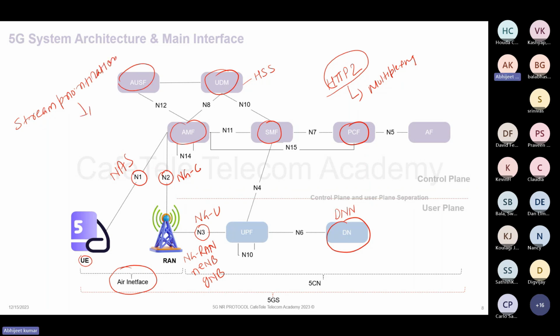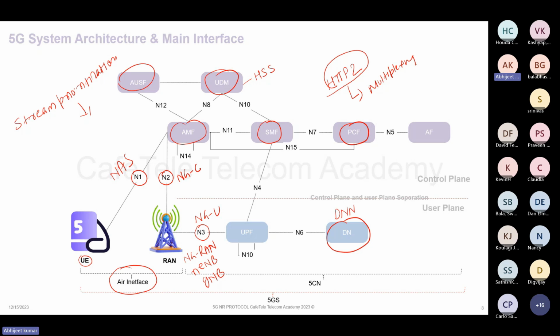HTTP2 allows the client to prioritize requests, letting the server know which resources are more important. And this is very crucial in the 5G service-based architecture, because in 5G we have different kinds of services available in the network.